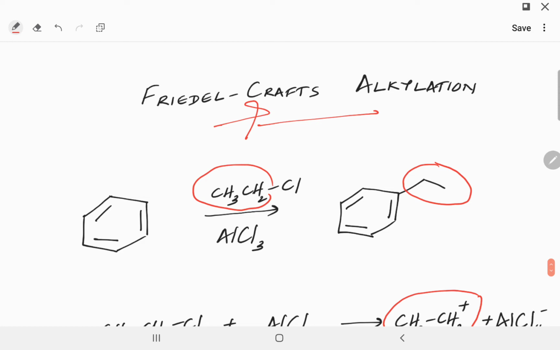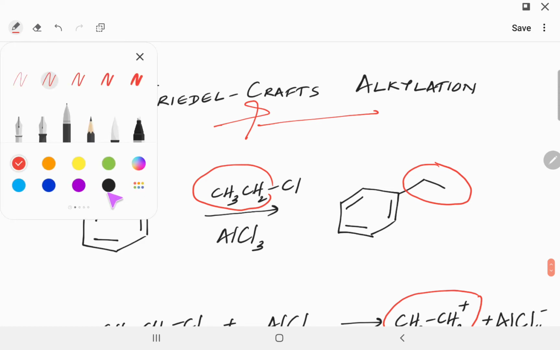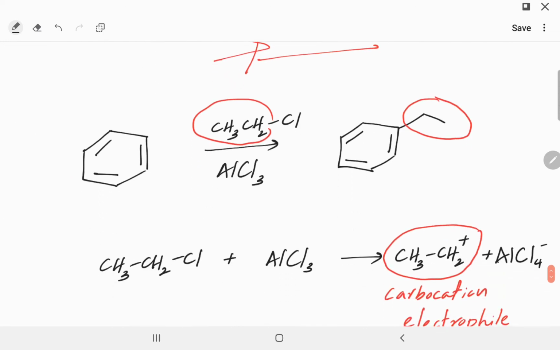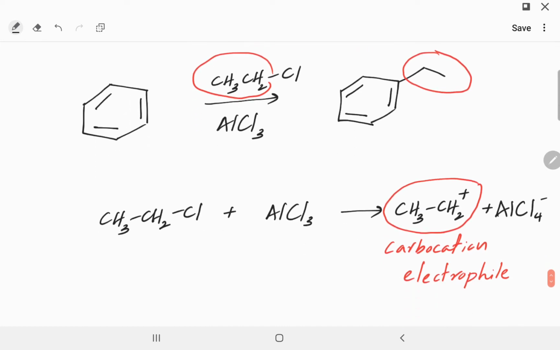All right, so let's see how this reaction is going to occur. First of all, since this is an electrophilic aromatic substitution, you are going to need an electrophile. So what is an electrophile? Electrophile means a species that loves electrons, or in other words, a species that is deficient in electrons, so therefore it will like electrons. In this case, the electrophile is going to be a carbocation.